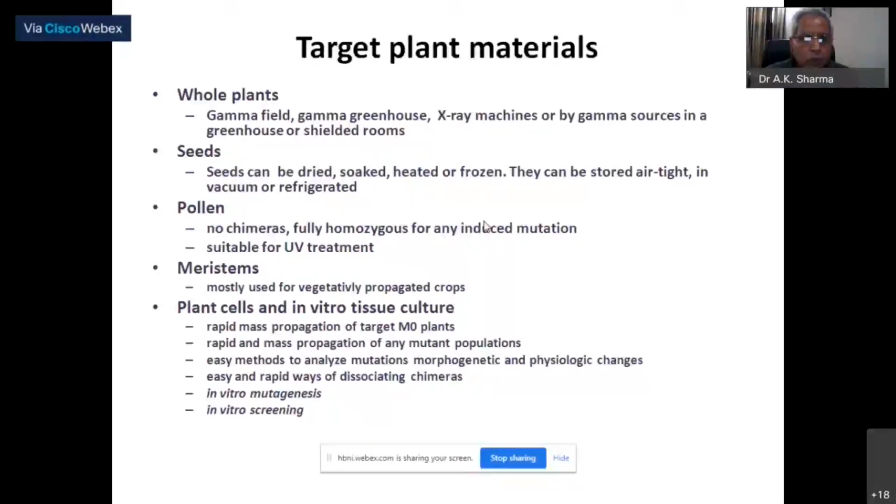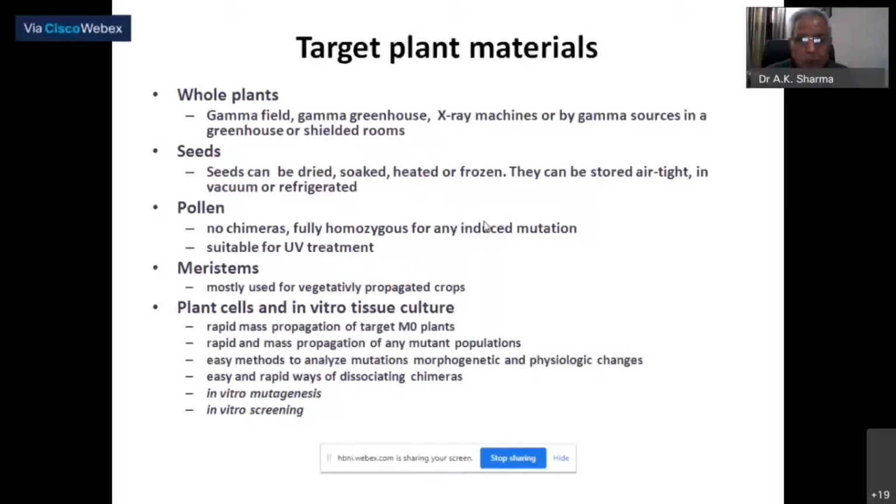But the most useful target plant material to crop improvement programs are seeds. Now, seeds are very easy to handle. First of all, seeds are available as dried materials.